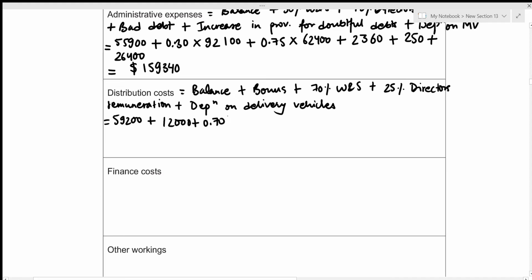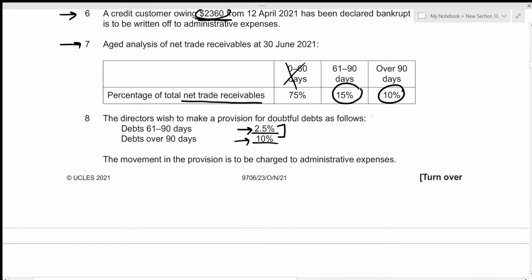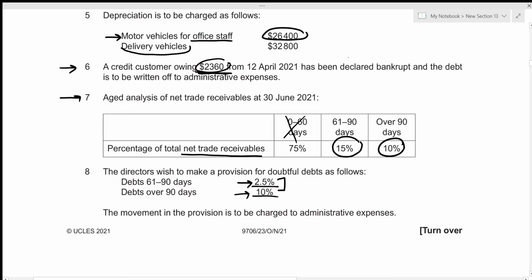So that can be written down as 0.70. And wages and salaries was given right here. So that's 92,100. Then we allocate 25% of director's remuneration. And director's remuneration was included right here, which amounted to 62,400. Then there's depreciation on delivery vehicles. So that was given to be 32,800. Let's write it down.